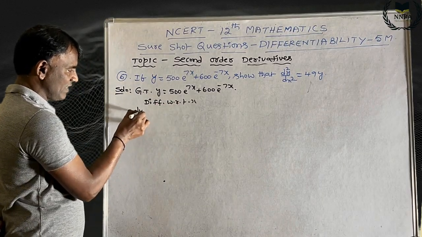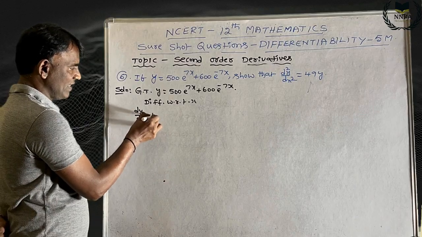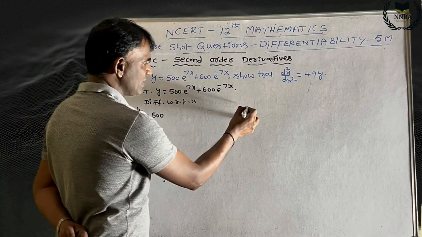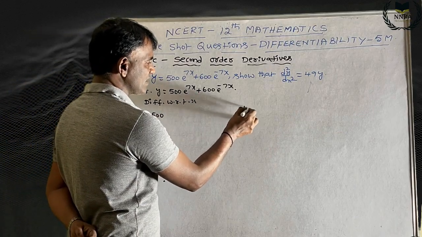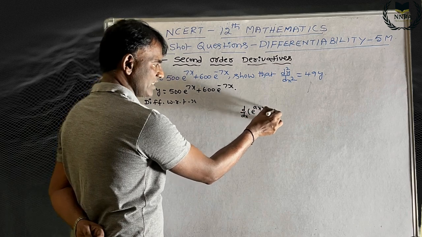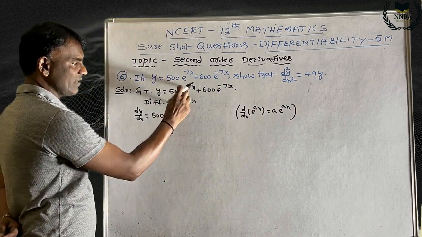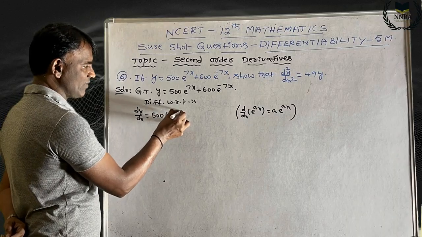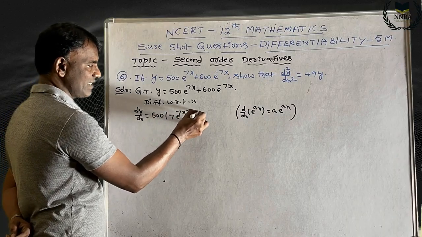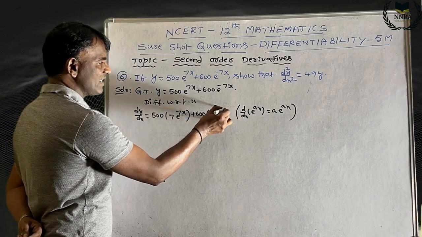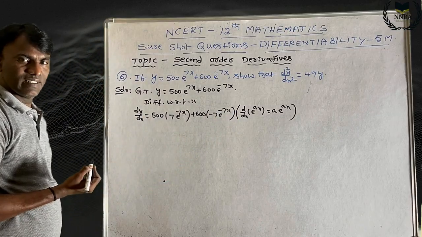So it is dy by dx. So 500 into, which form it is? d by dx of e power ax formula. So a into e power ax. Now what is the value of a? 7. 7 into e power 7x. And 600 into minus 7 e power minus 7x, right?